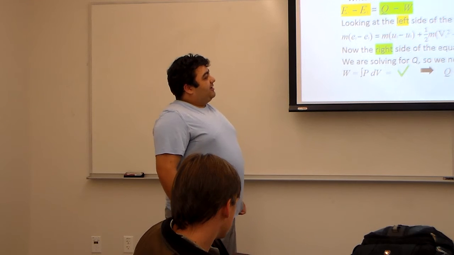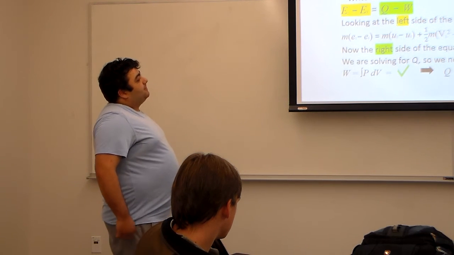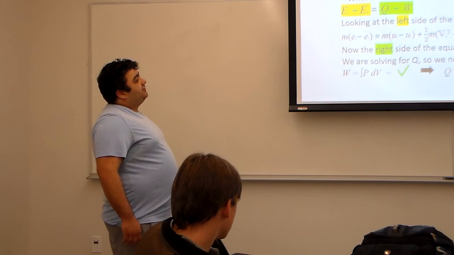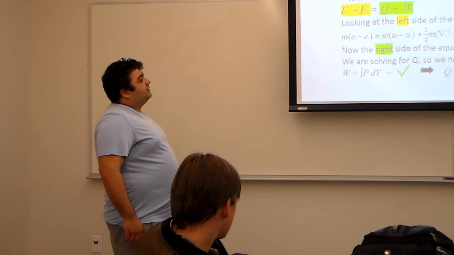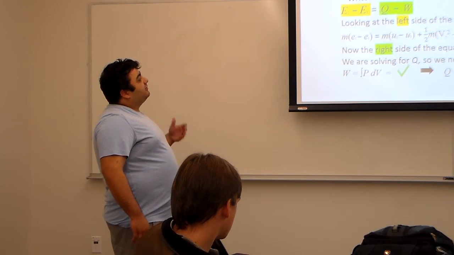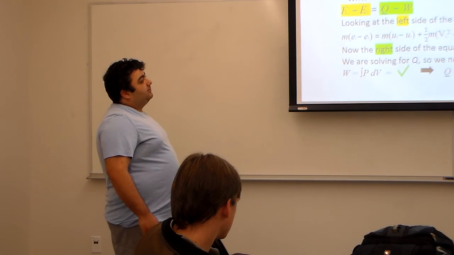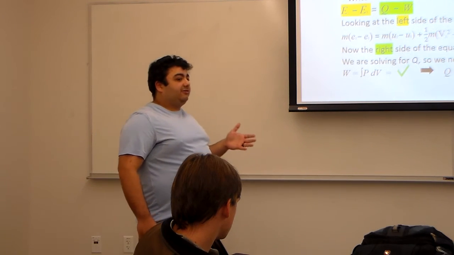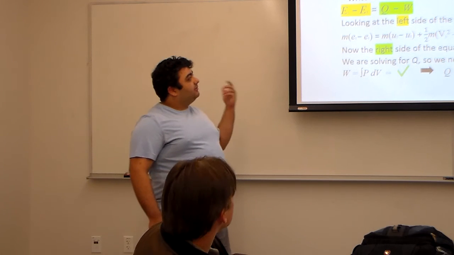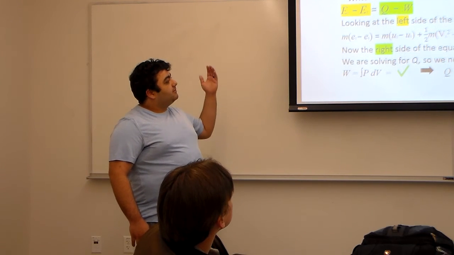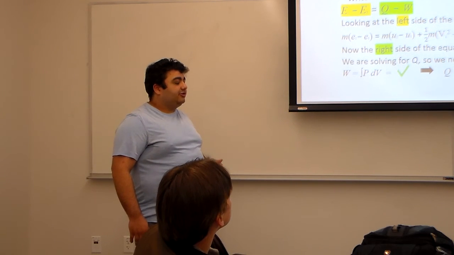So an example, a really basic example here, we have the piston cylinder with air in it that we saw before. We say that state 1 is at a certain temperature and pressure. In this case, the piston is massless, so we just say it's at atmospheric pressure.